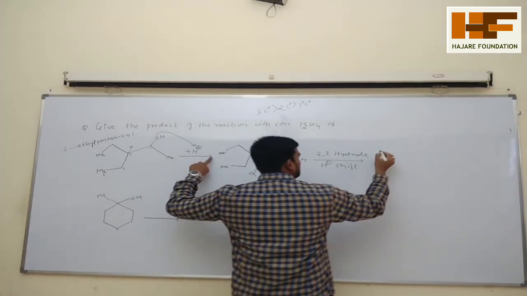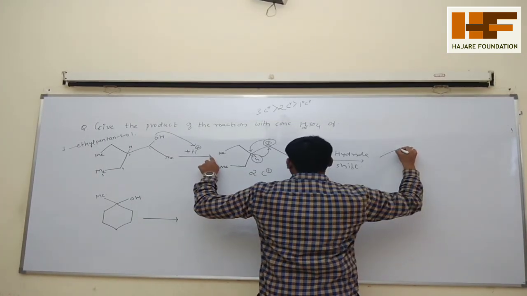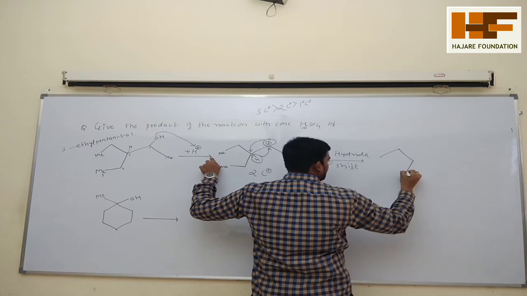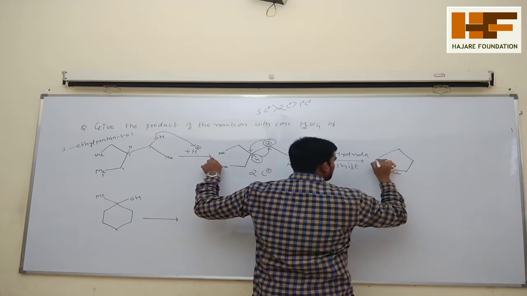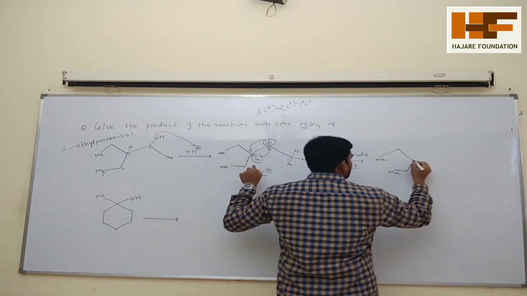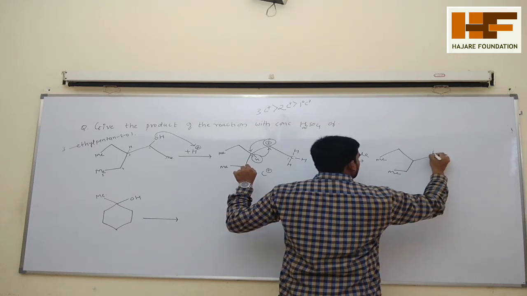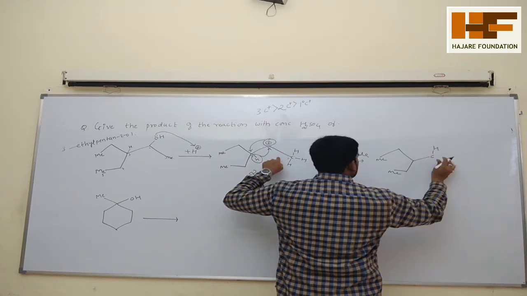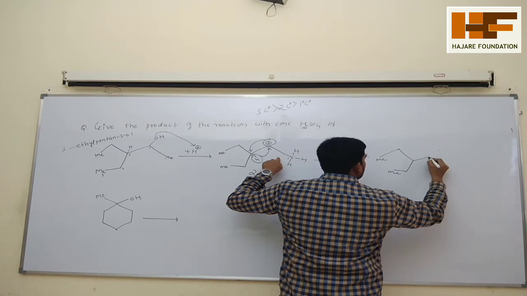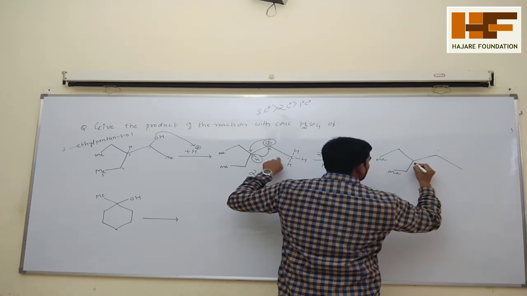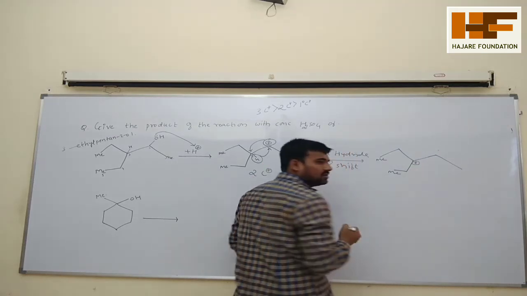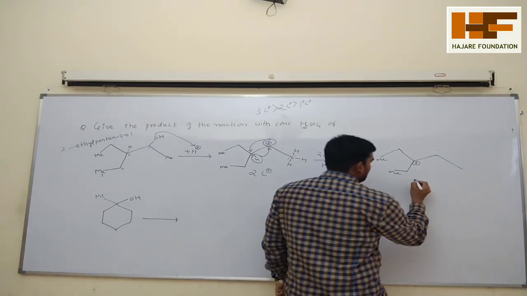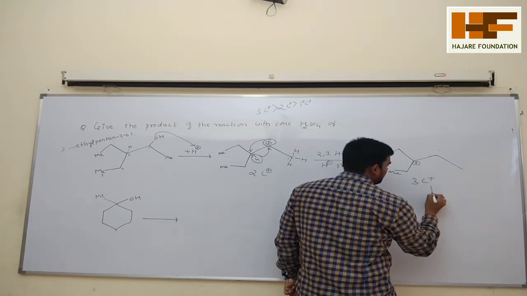See the structure. Methyl is there, here is a methyl, so here CH is there. As usual I will write the direct structures here. So the positive charge will come here. This is the tertiary carbocation.